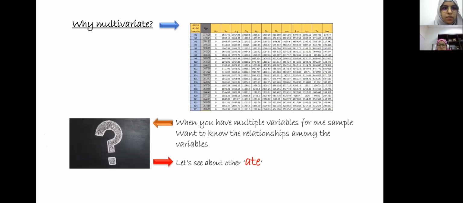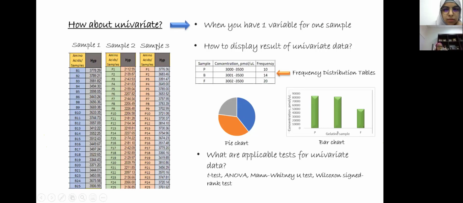Before we go into depth about multivariate data analysis, how about we see the other types? What I am referring to here is univariate and bivariate. How about univariate? When you have one variable for your one sample, there are a few ways of analysis that you can do, and also a few ways to display your result. With one variable for one sample, you can have a frequency distribution table.